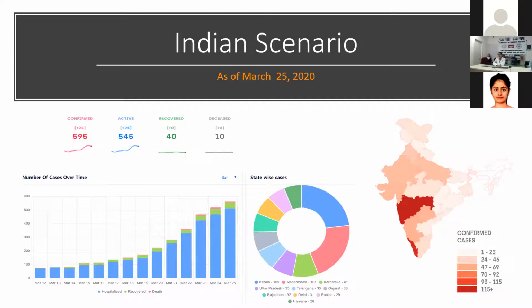Punjab as of now has 29 confirmed cases. The trends show that there has been an increase in the number of confirmed positive cases despite strict measures on travel. The spread is right now mostly in stage 2, that is, those who are positive have a history of travel or are contacts of positives.